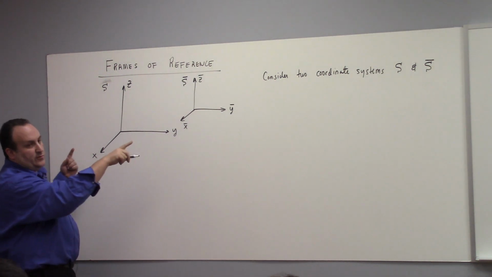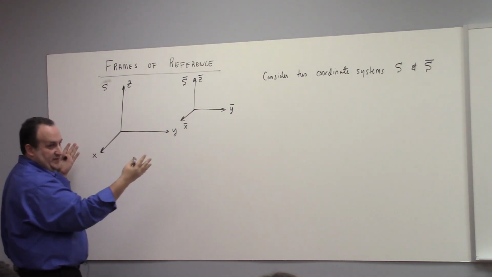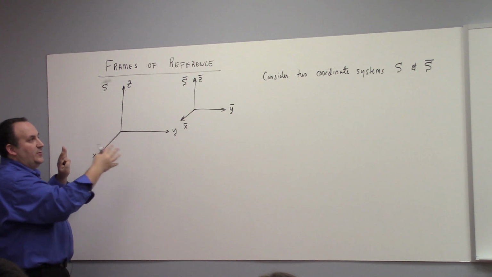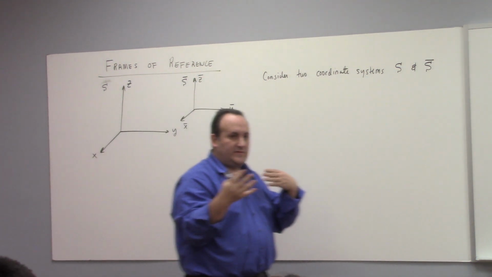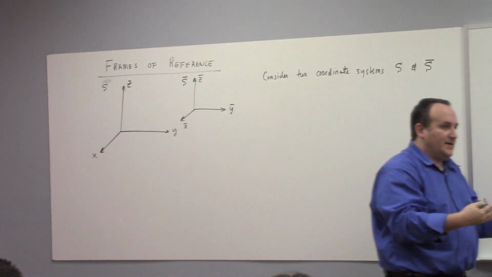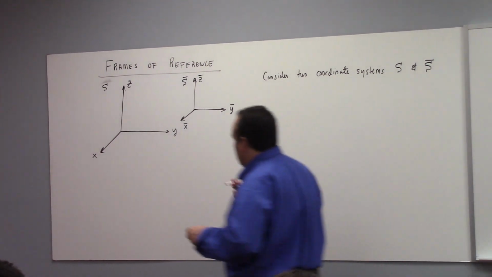So these two coordinate systems. Let's take for granted that we can set up such things. If you wanted to compare two coordinate systems, what we'd like to do is describe the motion of some physical object with respect to one coordinate system and with respect to the other. The one thing that links the two coordinate systems is the position vector.